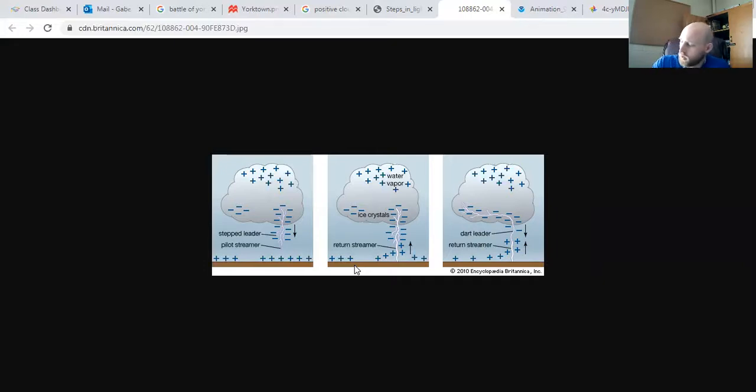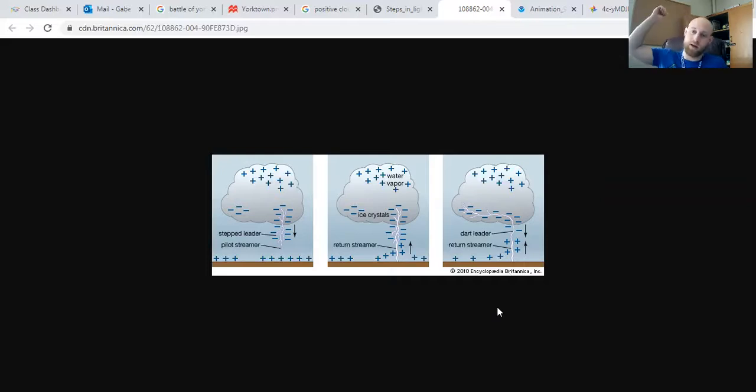Well, one other part to the lightning strike is called a dart leader, and that happens after the connection is made. So you'll see these two are connected. It's just more negative charged ions coming down, and basically it's using the same pathway, and it causes that flickering of light that we see sometimes.